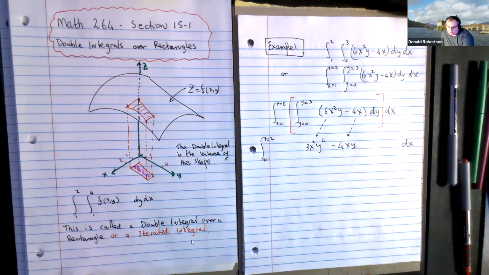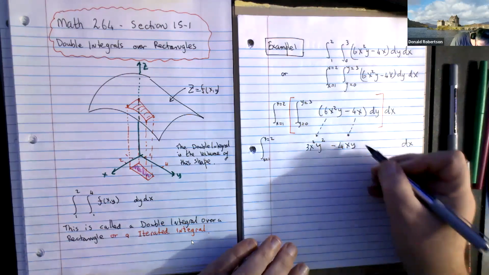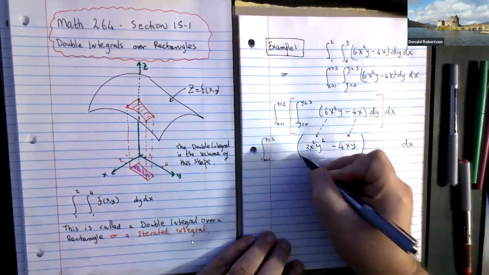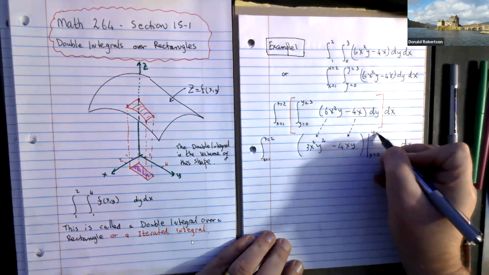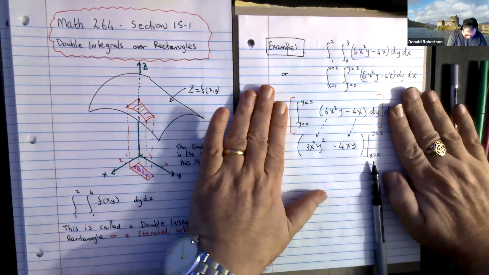I'm doing the usual rules of integration. I'm just realizing that y is a variable and I'm treating everything else as a constant. So what I'm going to do now is evaluate it at y equals 0 and y equals 3. That's what you would normally do.